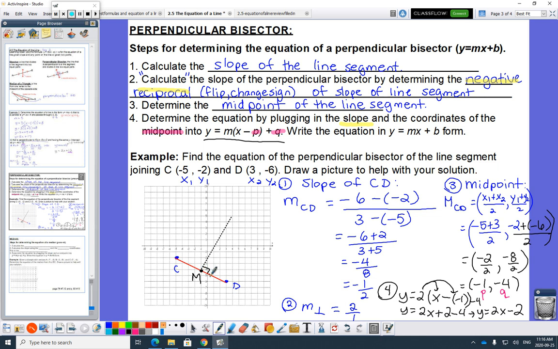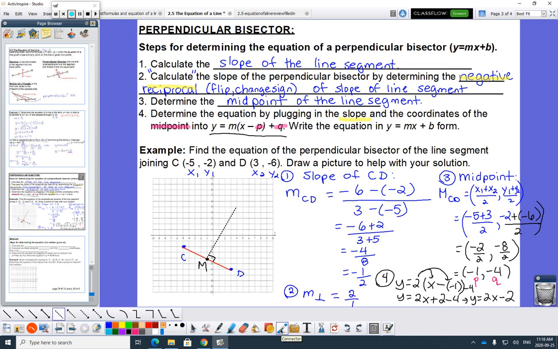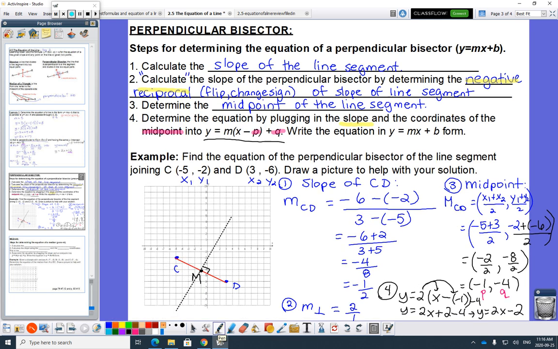It can go this way too. Doesn't matter. So make sure, if it asks you to draw it, make sure you clearly mark it, like putting the perpendicular sign here. It's pretty good. If you label C and D, I'll know what you're doing.